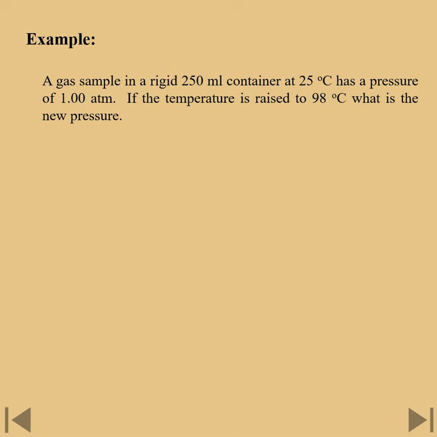Okay, the relationship between temperature and pressure, P2 over T2 is equal to P1 over T1. And we're after the new pressure, P2, so we're going to multiply out T2.